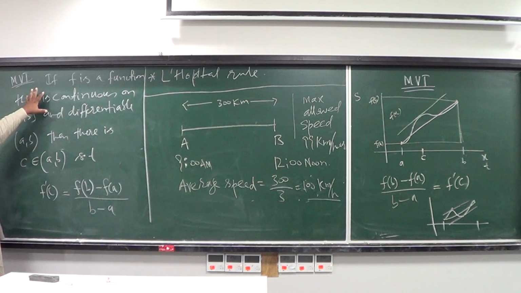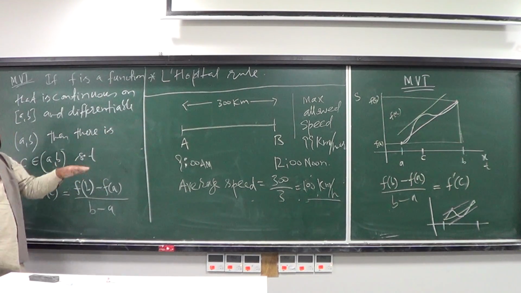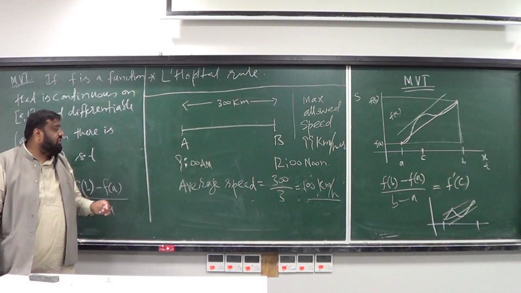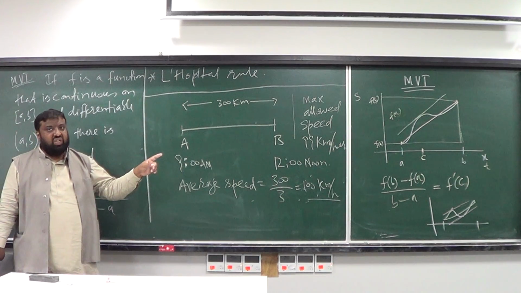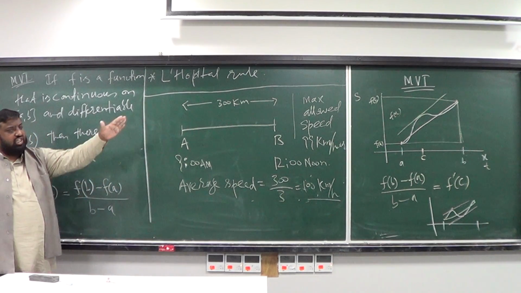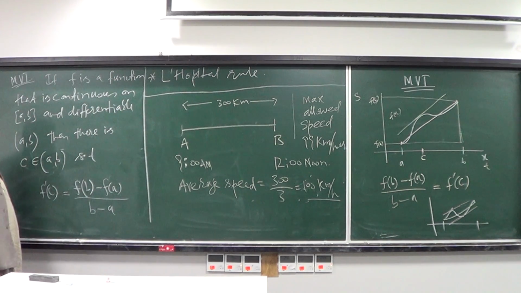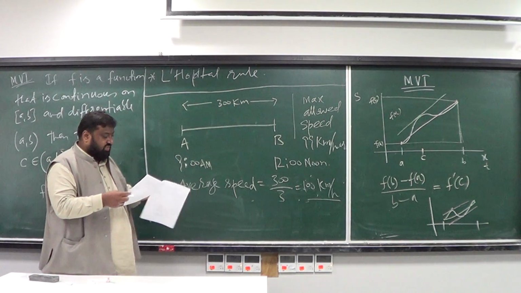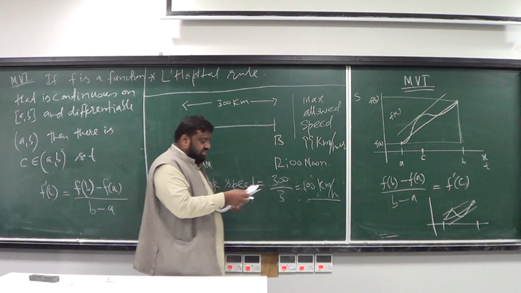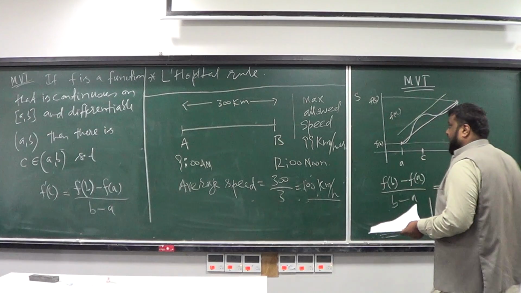So the function is continuous and differentiable, there is no kink in it, you can differentiate at all inputs of that function. Then there must be a point in the interval a to b where the average change is equal to the instantaneous change. This is what the mean value theorem is telling you. I have already given you an example here.